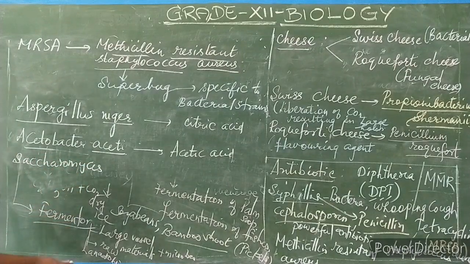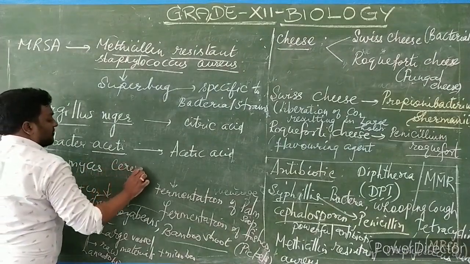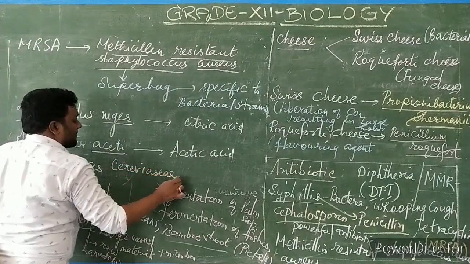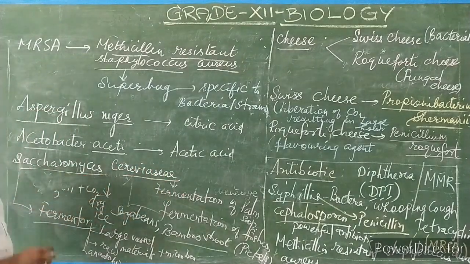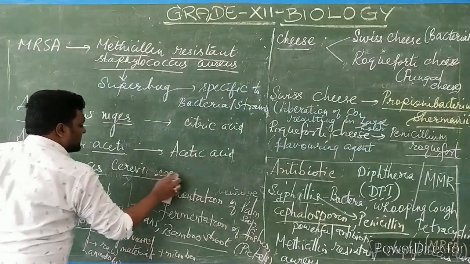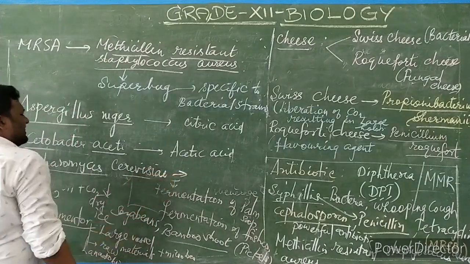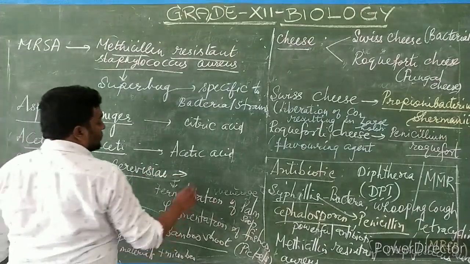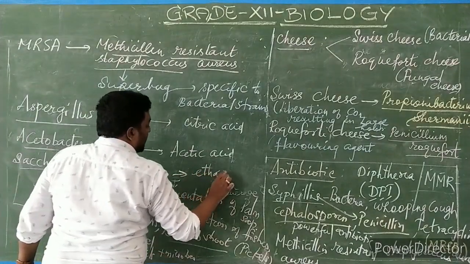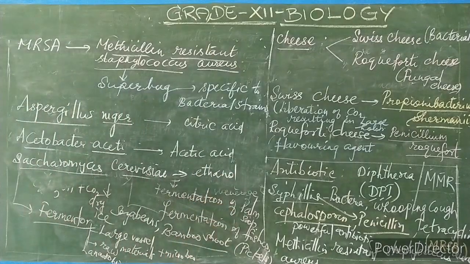Saccharomyces cerevisiae. Learn the spelling. Saccharomyces cerevisiae can be widely used in the production of alcohol, particularly ethanol.